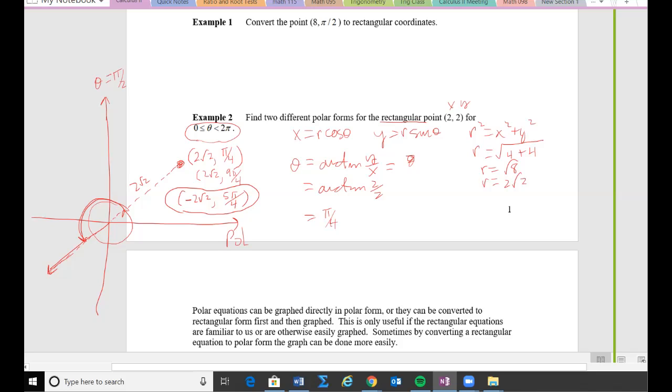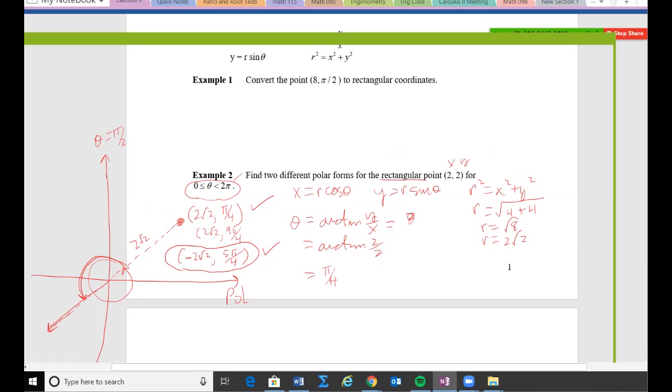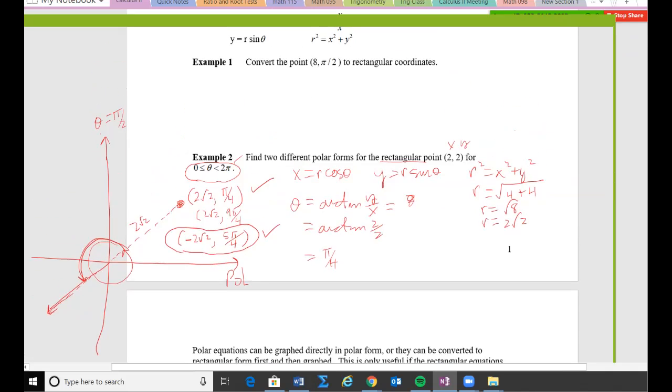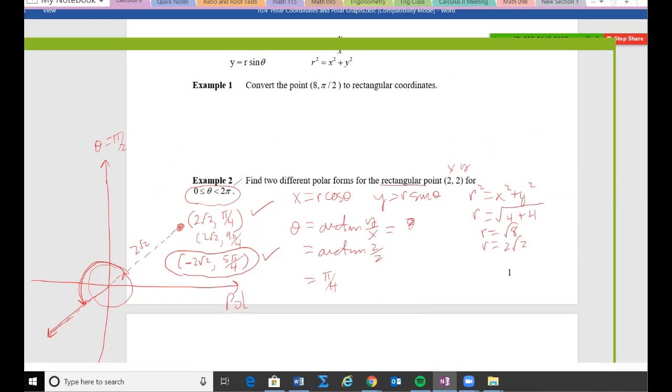But even with this restriction, I found 2. I've got this one and this one. So in the future, there may be ways to restrict this so that there's only one point that represents a given point. Okay, let's continue.